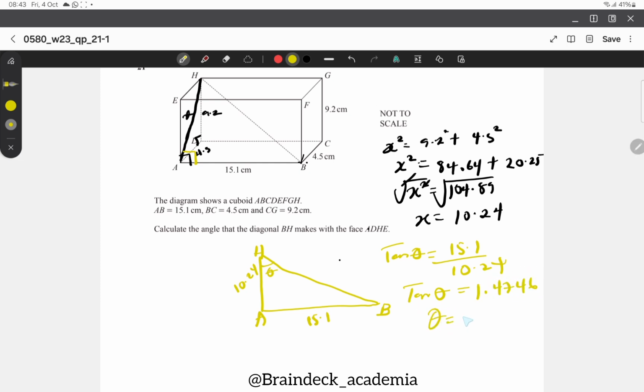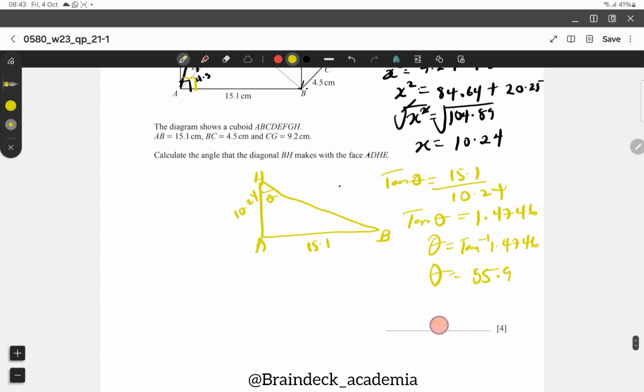So our theta will now be tan inverse 1.4746, and our answer is theta is 55.9.